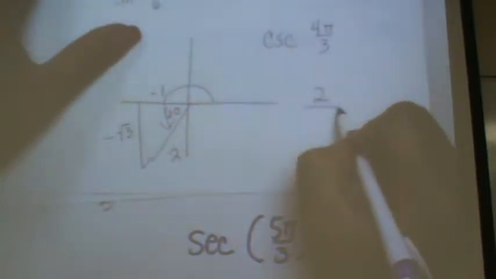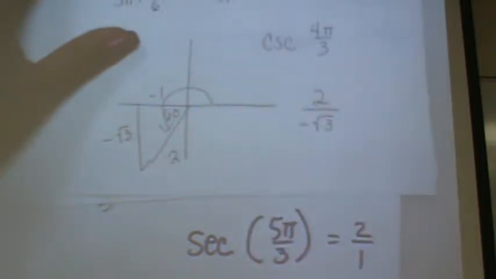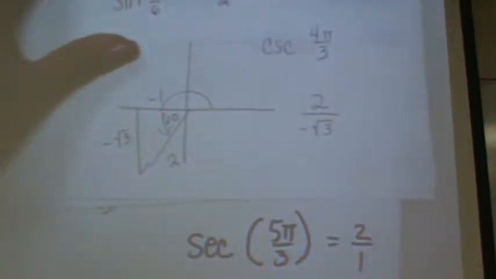So this is a 60-degree angle, so this is going to be -√3, -1, and 2. So cosecant is the flipped fraction of sine. So instead of opposite over hypotenuse, it's going to be hypotenuse over opposite. So 2 over -√3.